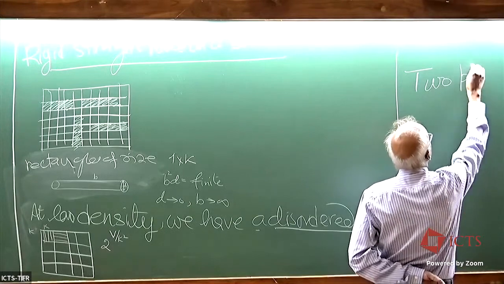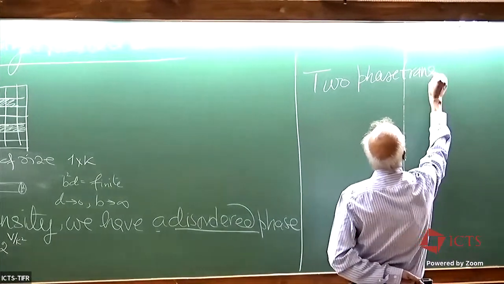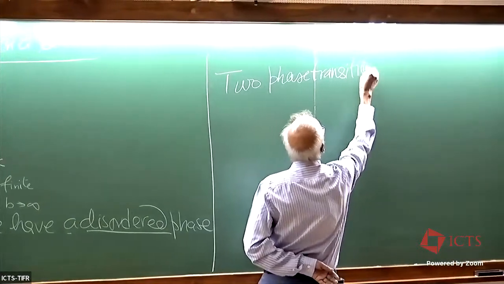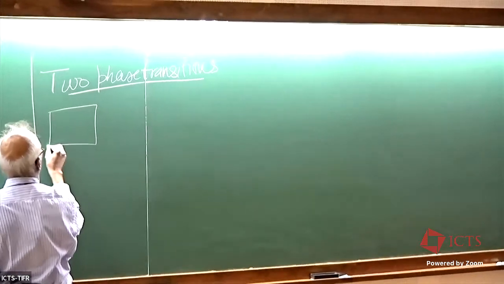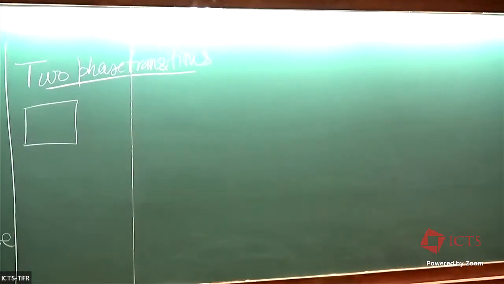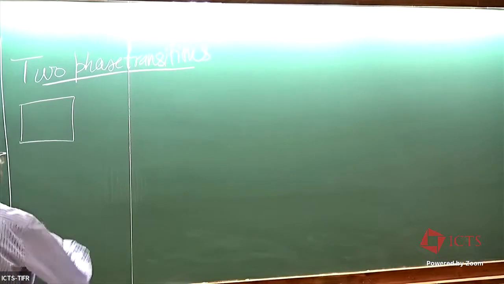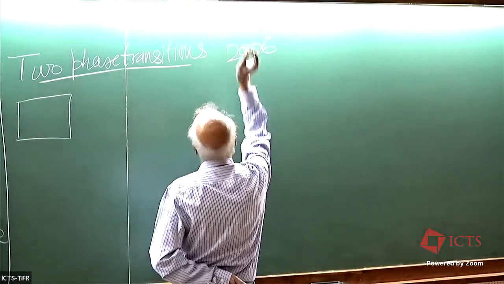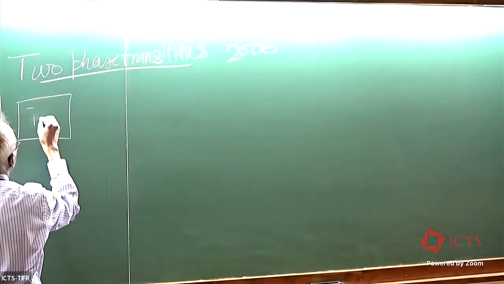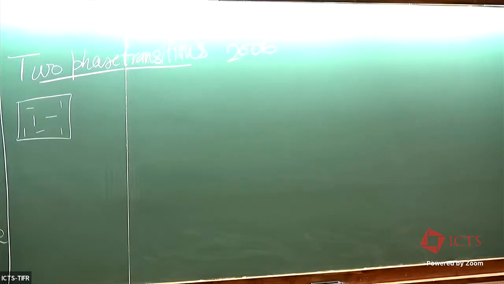Two phase transitions. You can see nicer pictures in the published paper, Dhar and Ghosh, 2006. The disordered phase looks like this. There are very widely separated rods and there is no order.